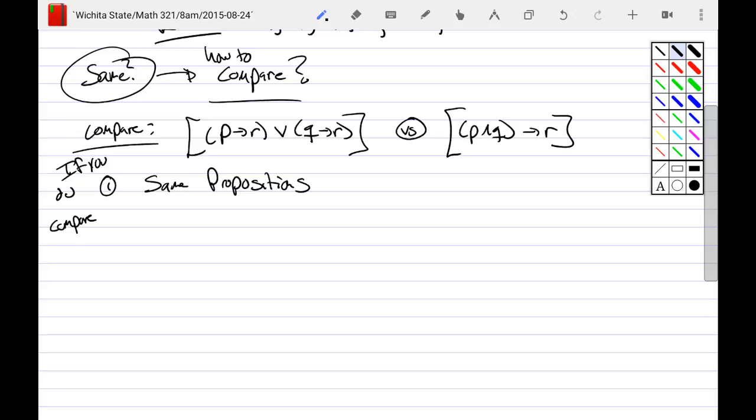In other words, you better denote them the same. This would be the same as when you did your homework and I said it'd be smarter to use, instead of P, the word bear, and the word safe. On the other hand, if you would like to compare your work to somebody else's work, you would make sure that the propositions are the same, whatever your labels are.